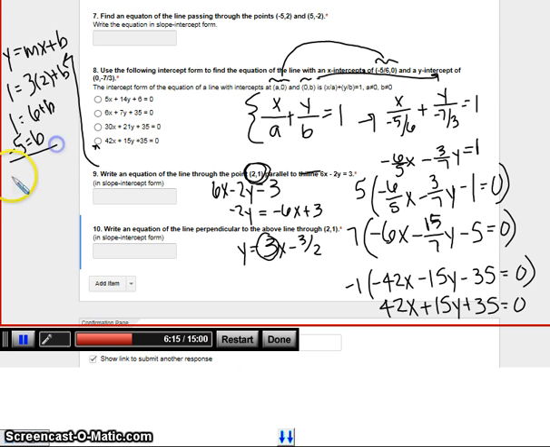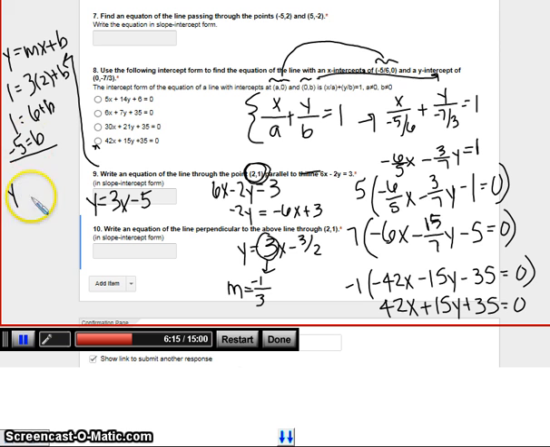Back in here, I figured out my y-intercept, so when I go to do my slope-intercept form, it's y equals 3x minus 5. When I'm looking for a line that is perpendicular, I need to take this 3. My new slope is going to be, if I flip that and make that 1 over 3 and negative, the negative reciprocal. So I'm going to be using a negative 1/3 when I do this now.